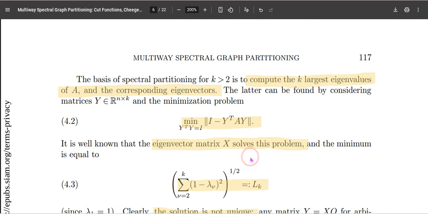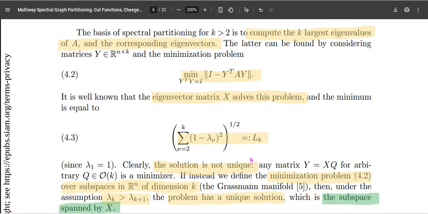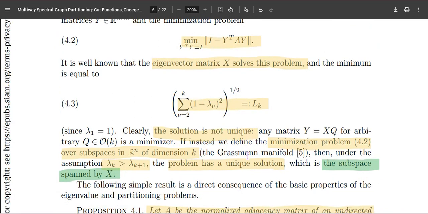It is solved by an eigenvector matrix x of the normalized adjacency matrix, similar to 1 minus lambda 2 as we defined for k equal to 2. We define by Lk some kind of property that we want to minimize, implicitly contained for the k partitioning.